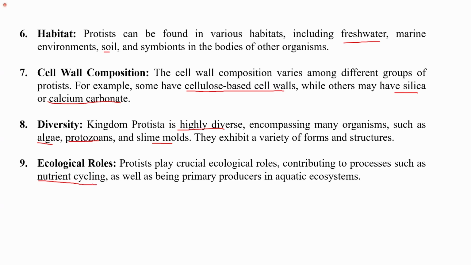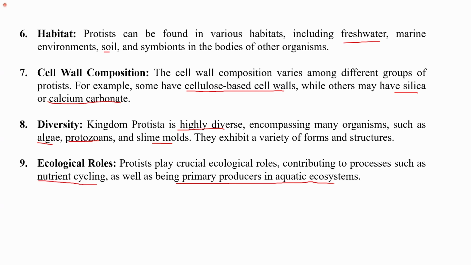Many of them are aquatic, so they help in nutrient cycling in the aquatic ecosystem. Many protists are also autotrophic, that is, they can synthesize their own food. Therefore, they act as primary producers in many ecosystems.